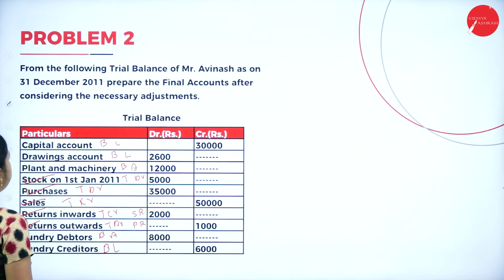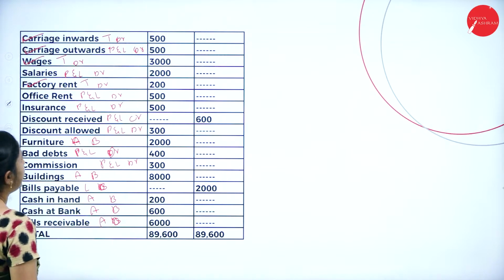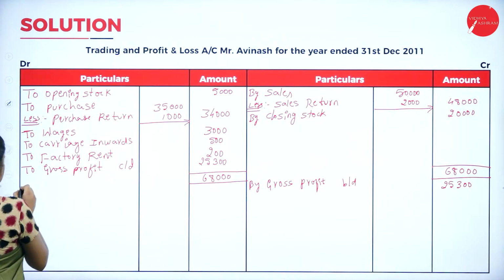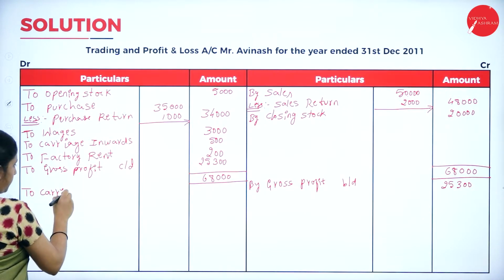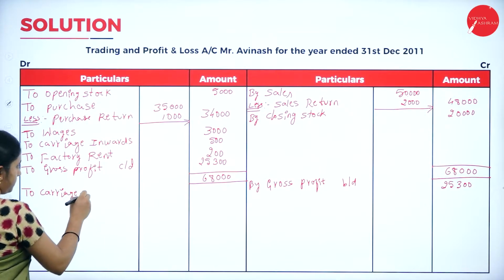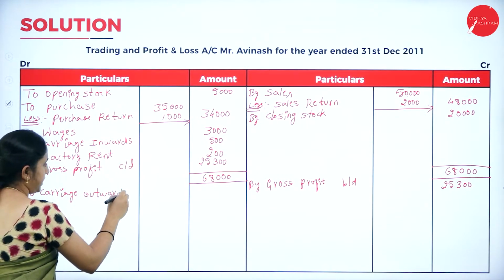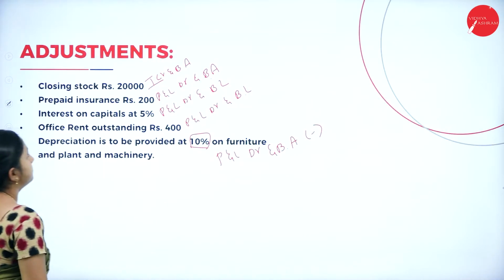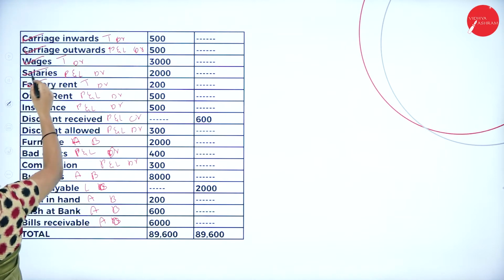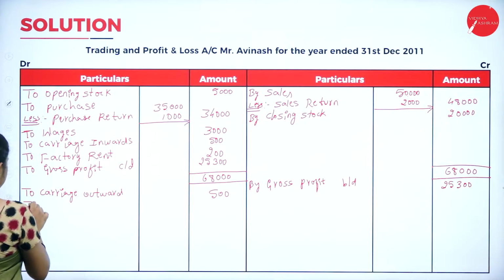Now consider all the profit and loss account items. Carriage outward 500. Right? To carriage outward 500. Next, salary 2,000.